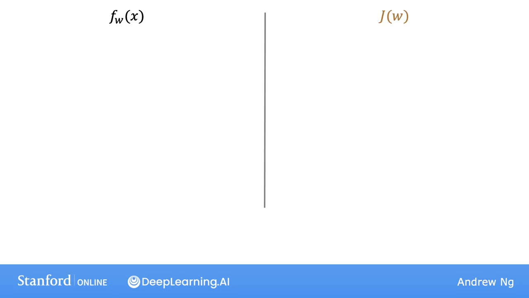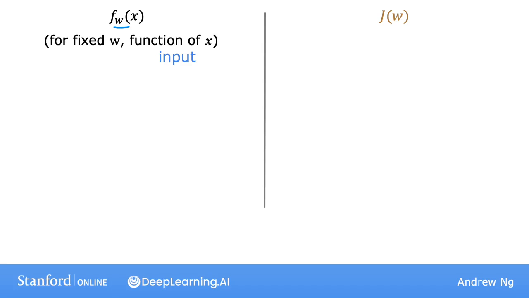I'm going to plot these side by side, and you'll be able to see how the two are related. First, notice that for f_w, when the parameter w is fixed, that is always a constant value, then f_w is only a function of x, which means that the estimated value of y depends on the value of the input x.